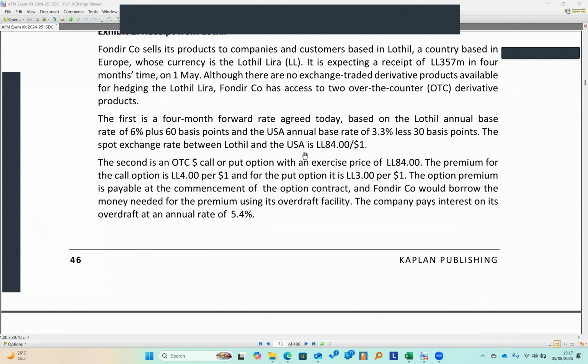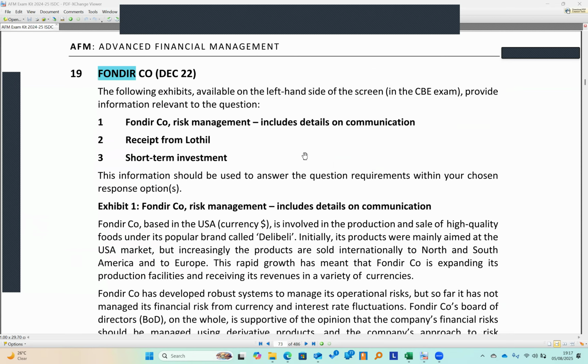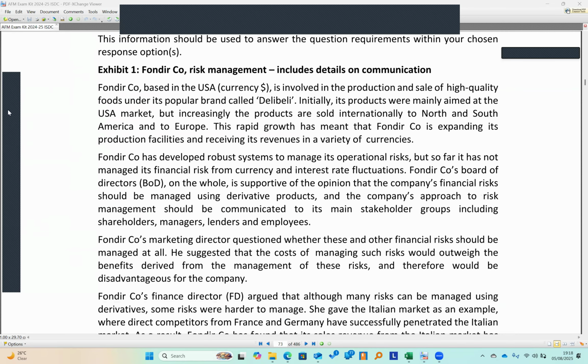So when you go to this question itself, we have 3 exhibits. The first exhibit looks at risk management of Fondir, which looks at details on communication. So Fondir is based in the USA, where they use dollars, and it is dealing in production and sales of high quality food under its popular brand called the Berry.